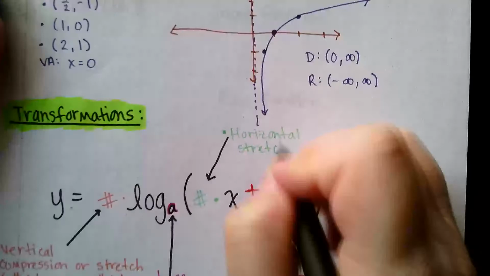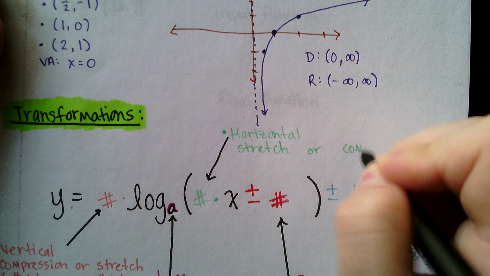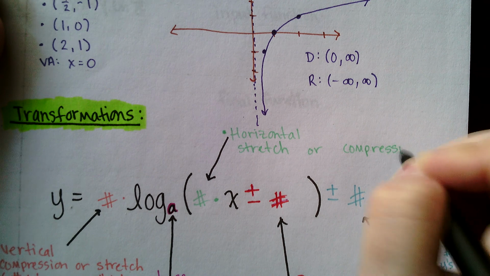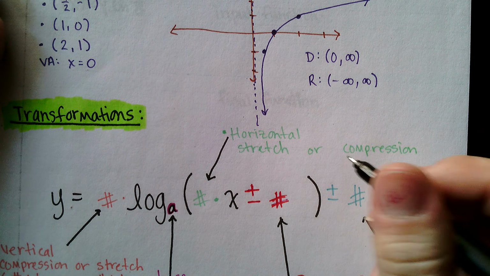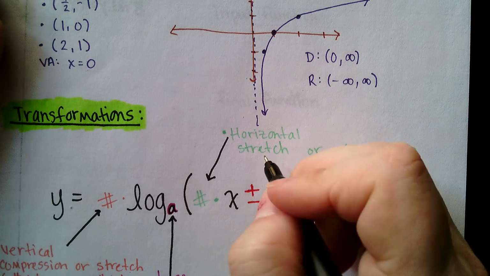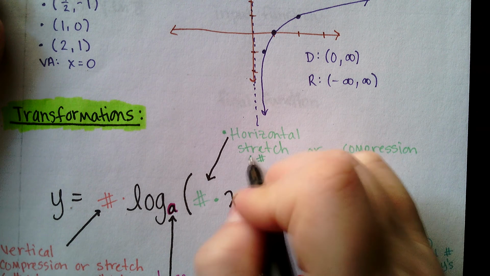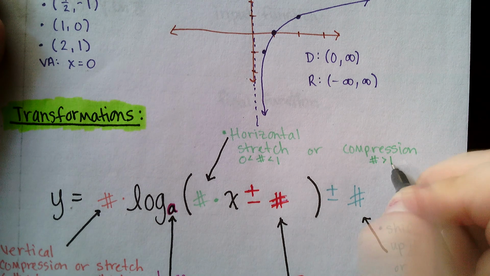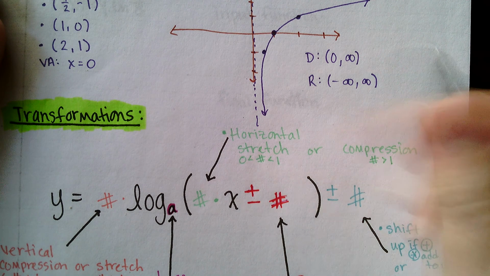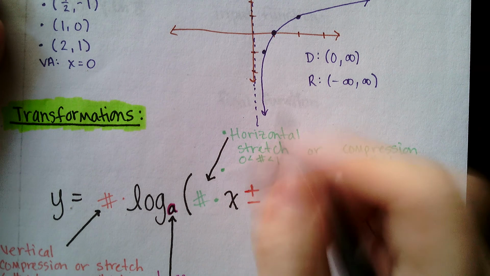It's a horizontal stretch if that number is between 0 and 1. It's a horizontal compression if that number is bigger than 1. But also remember that it can be a reflection.